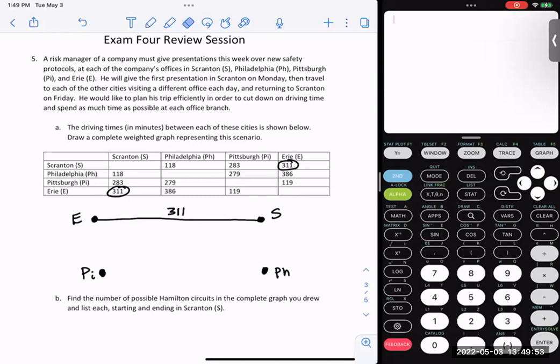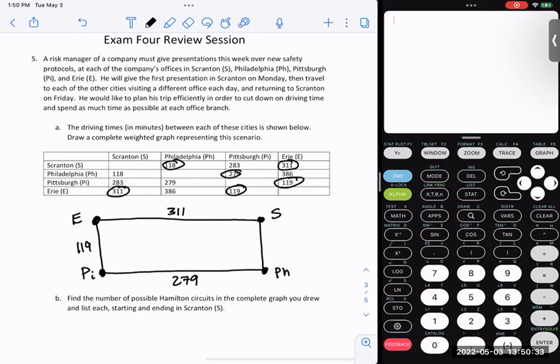Right? So then let's see, Erie to Pittsburgh. Doesn't matter what order you do this in. So from Erie to Pittsburgh is 119 minutes. I'm just going to do the outsides first. So Pittsburgh to Philadelphia is 279. You notice that there's some blanks in my table. That's just because it's 0 miles or 0 minutes from Pittsburgh to Pittsburgh, right? Or from Philadelphia to Philadelphia. Scranton to Philadelphia is 118.